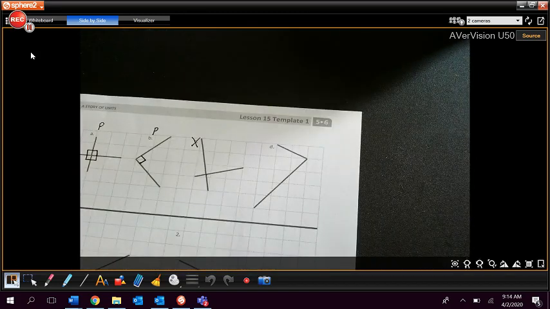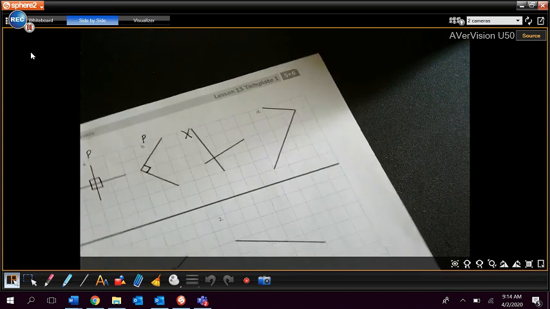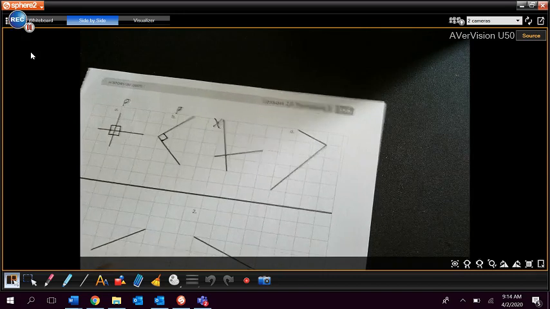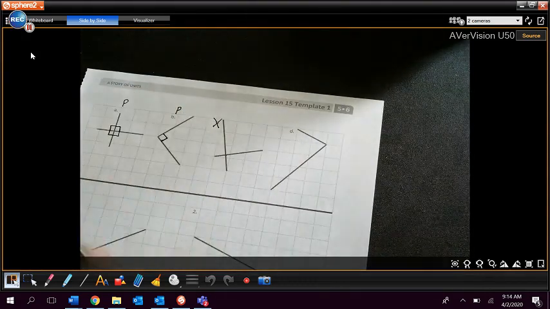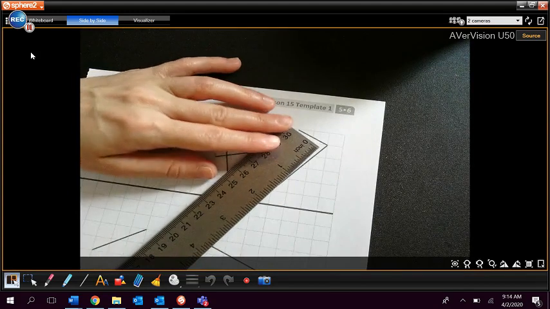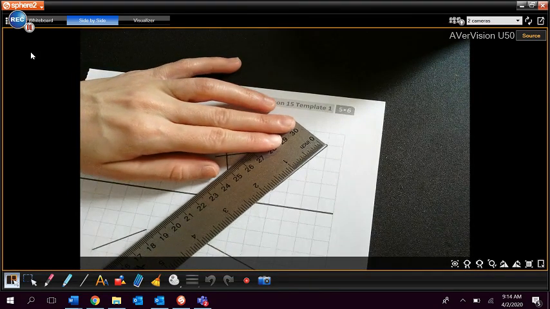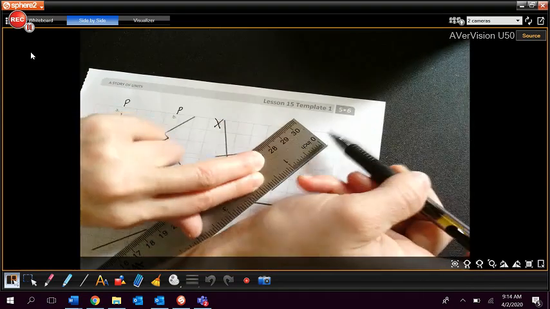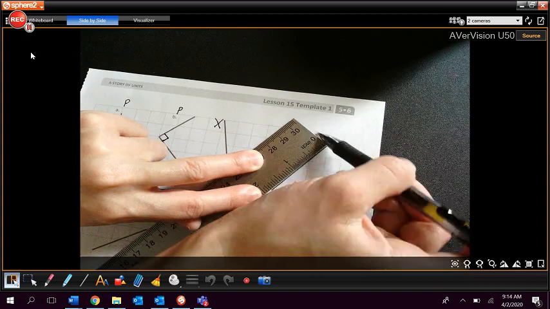Now we're going to go to D. D, the same thing. I could actually just flip this and look at my angle. Or I can just use my right angle template, like my first key point says, to measure. So if I grab my ruler and I put this right where the line is, remember it has to be right in the corner, I can also see that the line over here disappears.